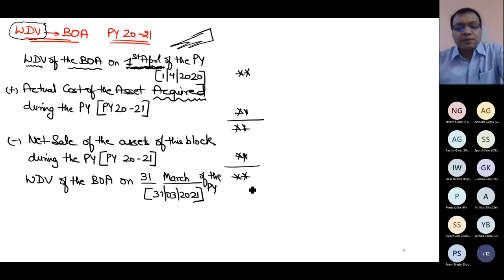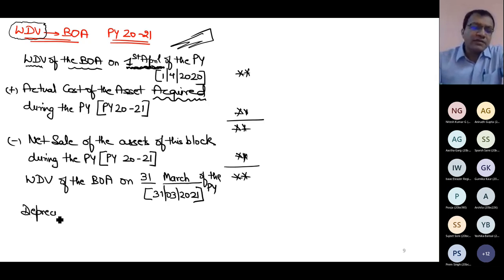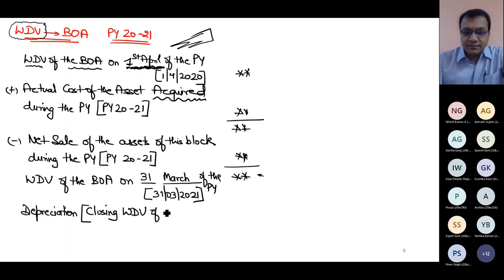This is this WDV. On this I will compute depreciation. And can you tell me how depreciation logically will be computed? This closing value, I can say closing WDV of the block, multiplied by what? Sir, percentage.